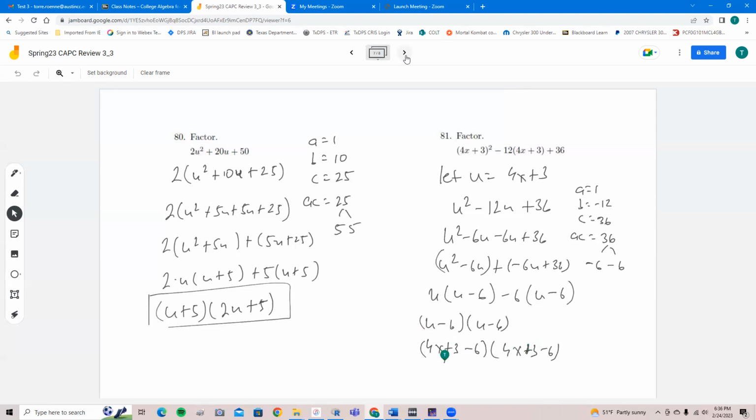This is really 4x plus 3 minus 6, which is 4x minus 3. I'm going to write that as 4x minus 3 quantity. So actually, no, I'm going to distribute this out. That'll give me 16x squared, minus 12x minus 12x plus 9. This is really what you want.